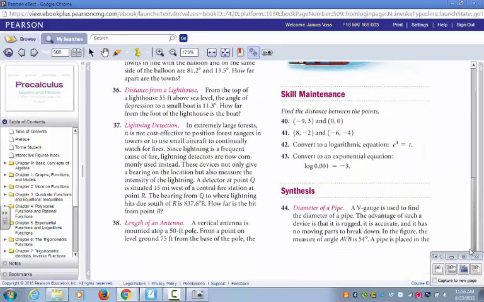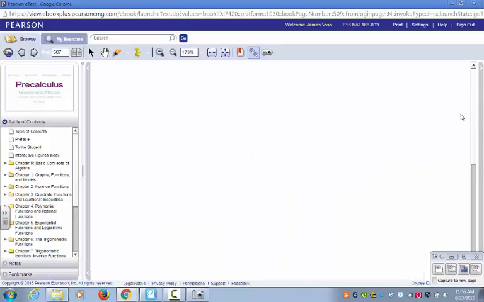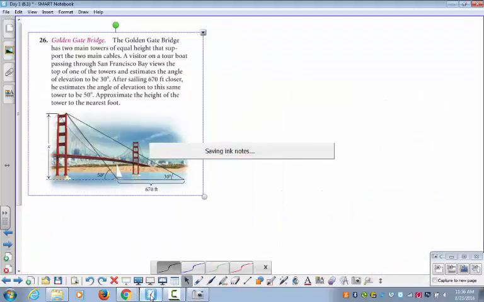You have to go back one more slide. I think it's on the other side. And the idea here is that we want to figure out how high the Golden Gate Bridge is, given some information.